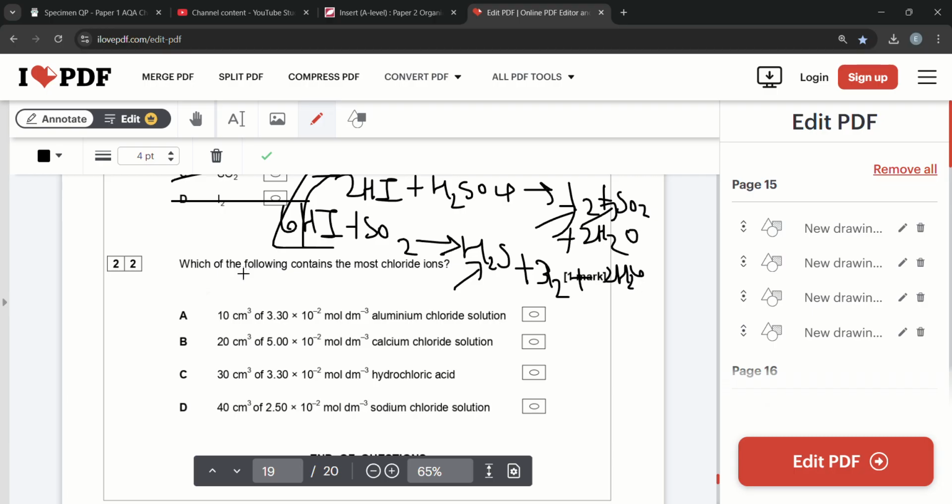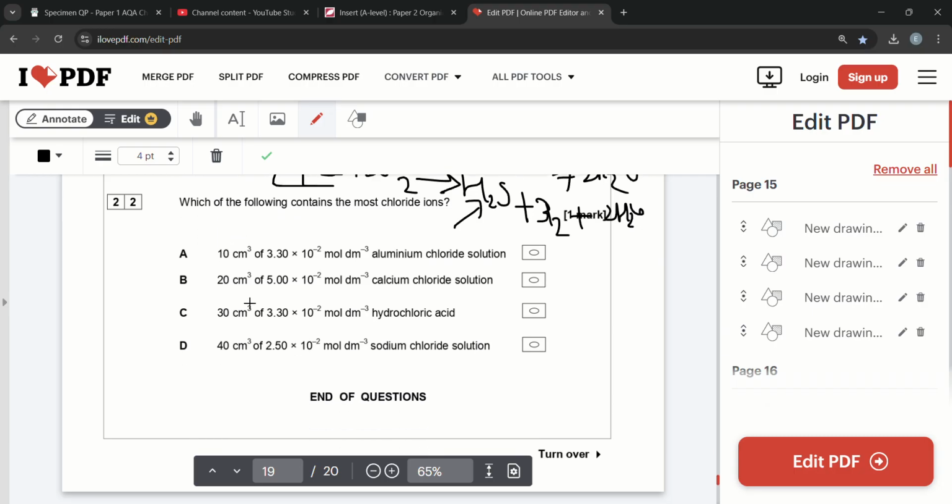Which of the following contains the most chloride ions?